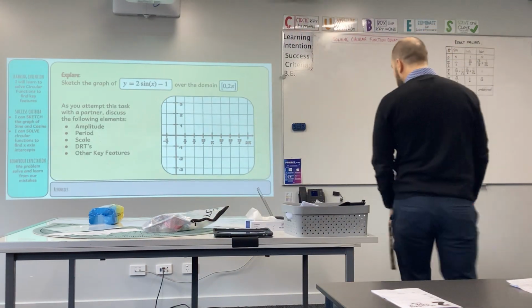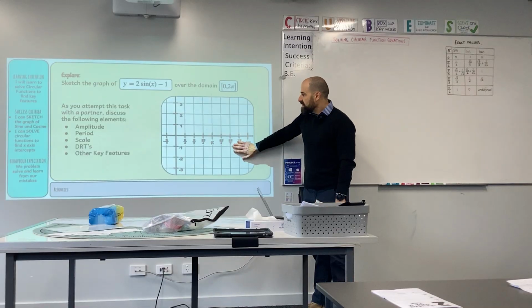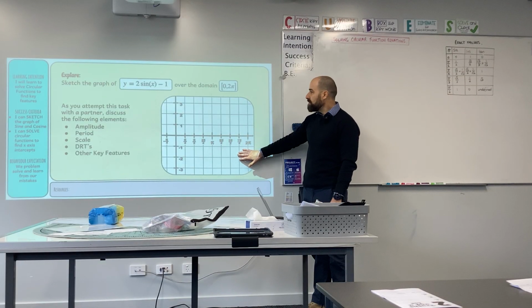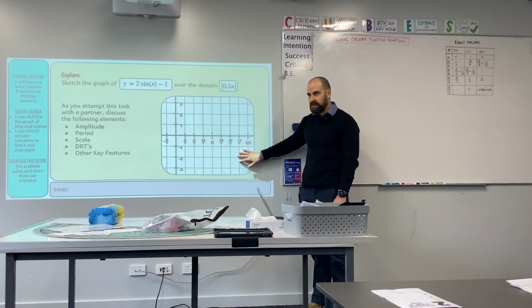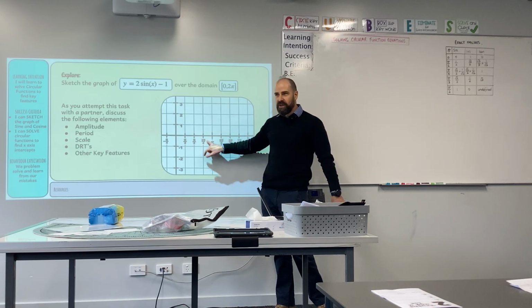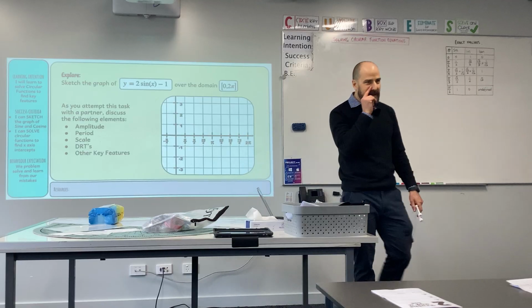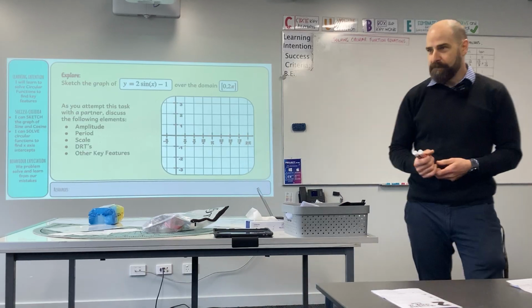There is a grid here. Using that grid might help you. My big hint, if you want to make me angry, don't use the grid lines that are in your book. If you want to make me happy, use a ruler and the grid lines that are in your book. Go. Have a go.